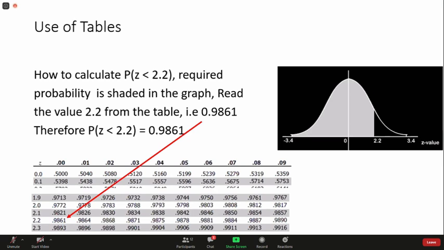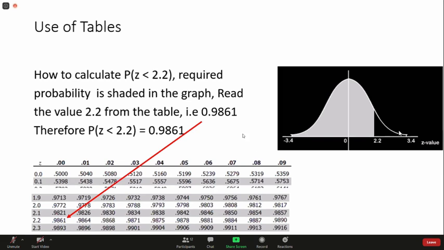To simplify this, I have drawn the normal curve in different software and brought it here. See the normal distribution curve with the 2.2 mark here. Less than 2.2 is specified in shaded color, in ash color, here.